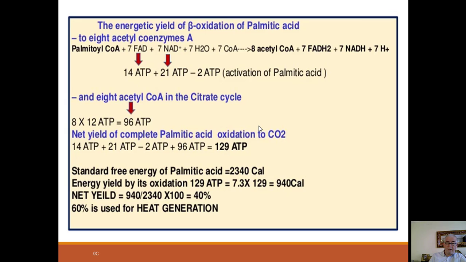We know that this energy of the chemical bonds of palmitic acid is mostly used for heat generation. We can also use this calculation for glucose metabolism.